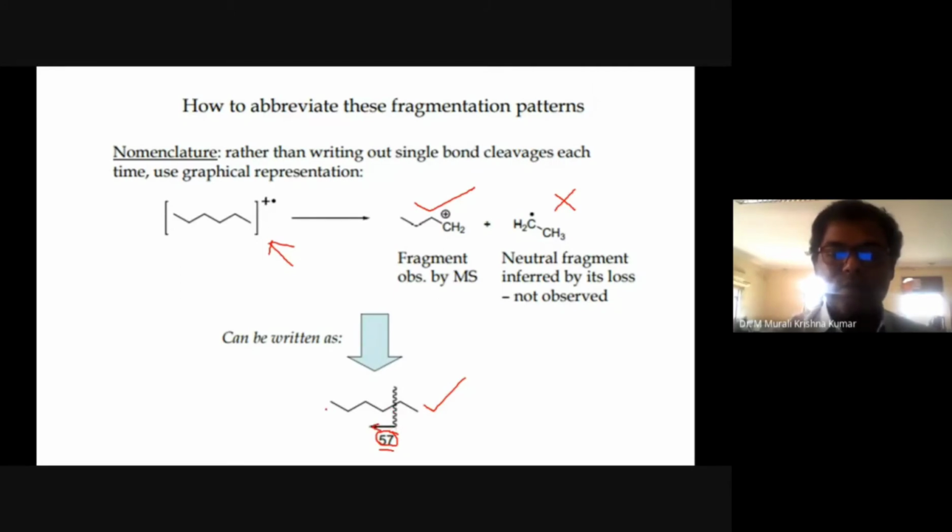Whatever fragment is remaining, this entire fragment weighs 57. That is the meaning of it. So whenever we represent the mass fragmentation of any compound, if a structure is given, this is the way it is to be represented.